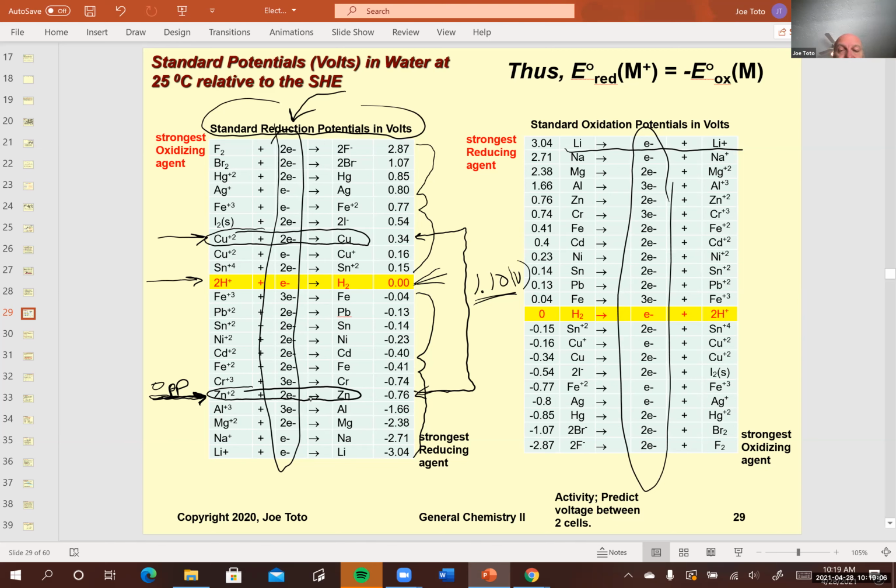Excuse me. What else? Now, the reason why you can have either one of these tables is because of that relationship there. The reduction potential of, say, some metal ion that's going to accept an electron equals minus the oxidation potential of that metal.